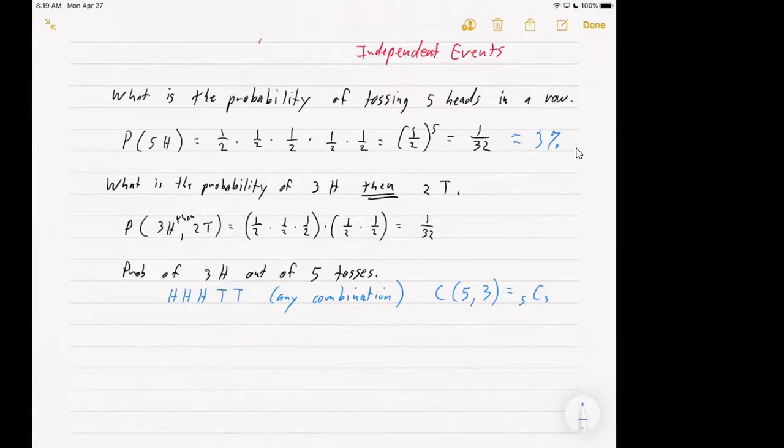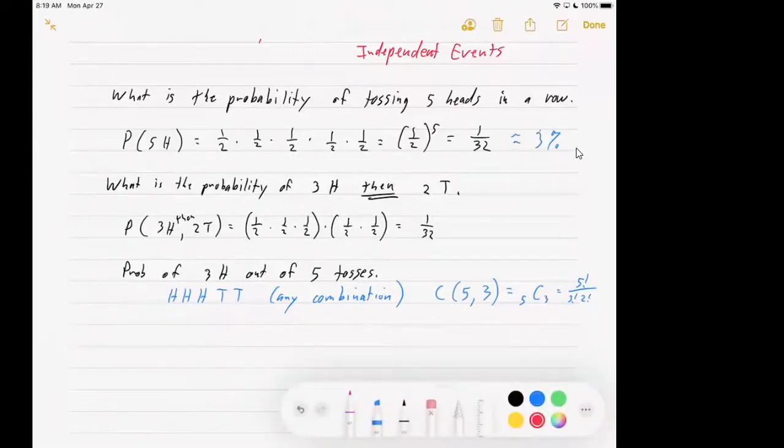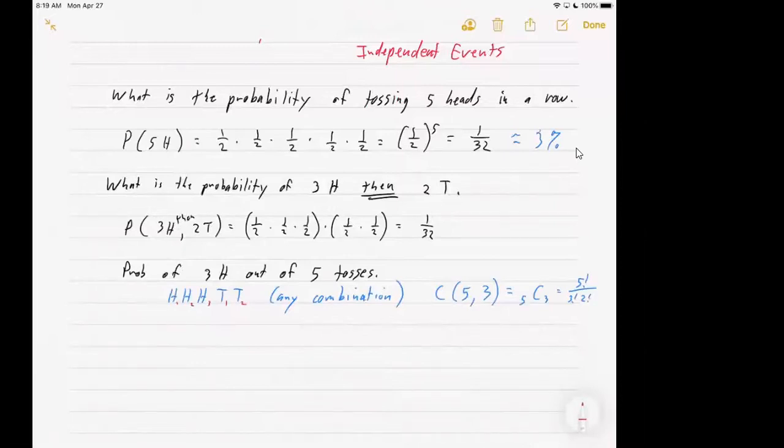that the combinations are 5 factorial over 3 factorial times 2 factorial. The way I like to think about this is if the heads and tails were distinguished from each other, there'd be 5 factorial ways of getting them. If there was an H, let's say we put little subscripts, a 1, 2, and a 3, and a 1 and a 2, if those were distinct heads and tails, there'd be 5 factorial ways to order them.